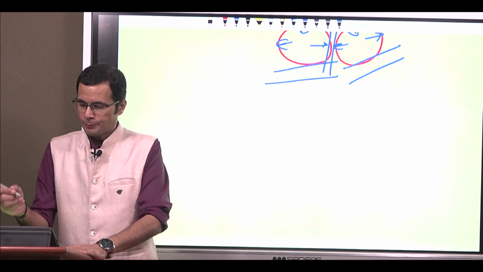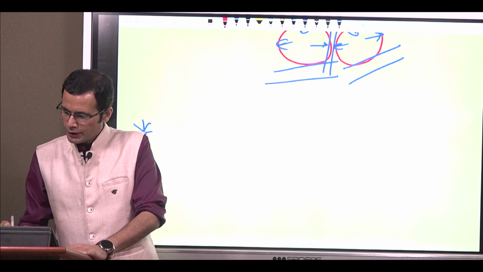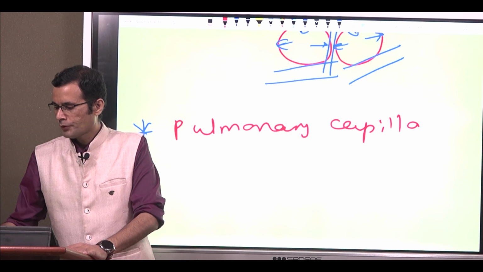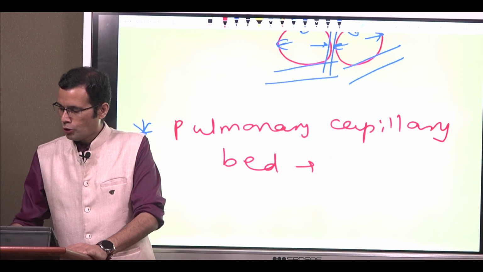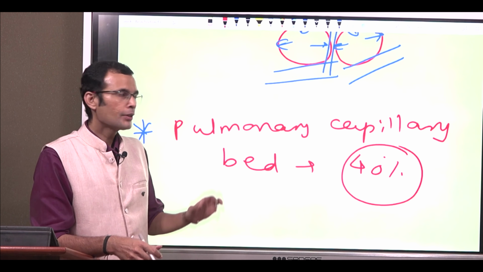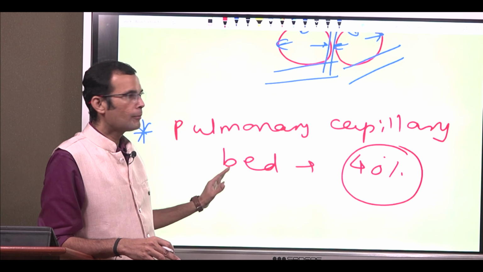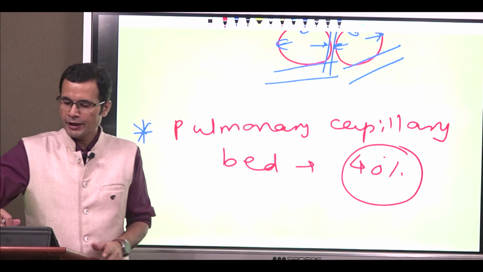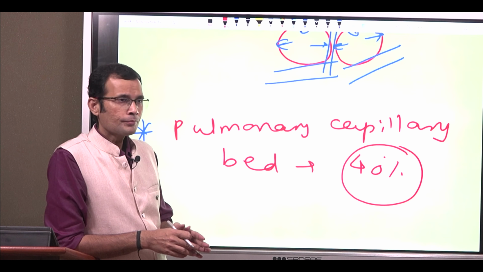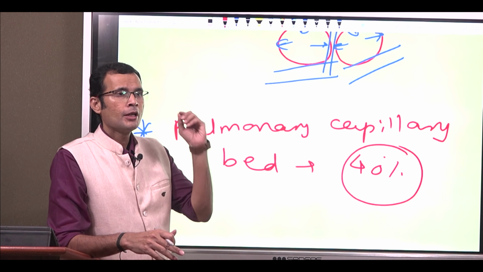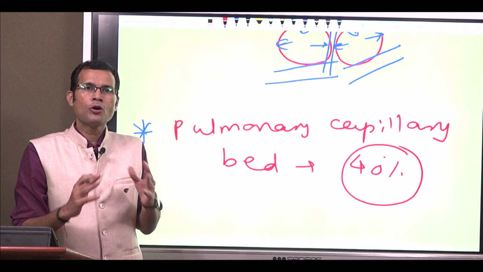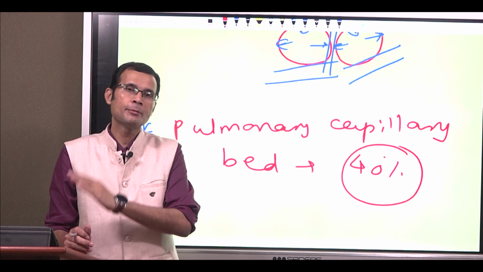Right. Next point. The pulmonary capillary bed contributes maximally. Almost 40% of the total pulmonary vascular resistance is contributed by the pulmonary capillary bed. Now this is again different, in contrast with the systemic circulation, because in the systemic circulation, arterioles contribute maximally. Arterioles are called resistance vessels in the systemic circulation.